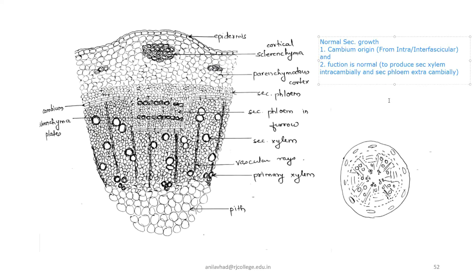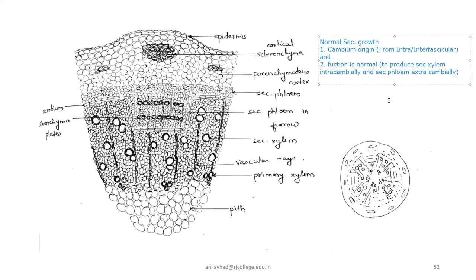Then the fascicular and interfascicular cambium join together to form a normal ring of cambium, and therefore the origin of cambium is normal. Afterward, for some time, this normal ring of cambium functions normally. That means it produces secondary xylem intracambially and secondary phloem extracambially. That is a normal function.